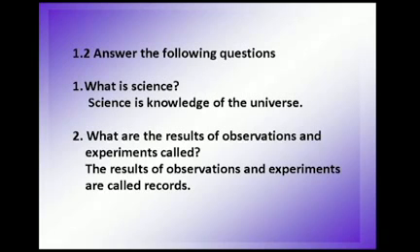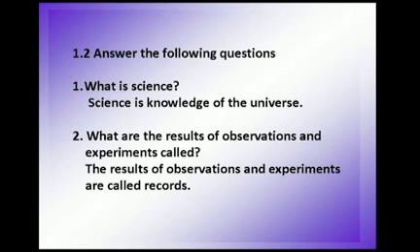After that, I'm going to deal with question number 2 as another example. The question is, what are the results of observations and experiments called? For this question, you will have to find the answer in the first paragraph. The text says that science can be defined as knowledge of the universe.